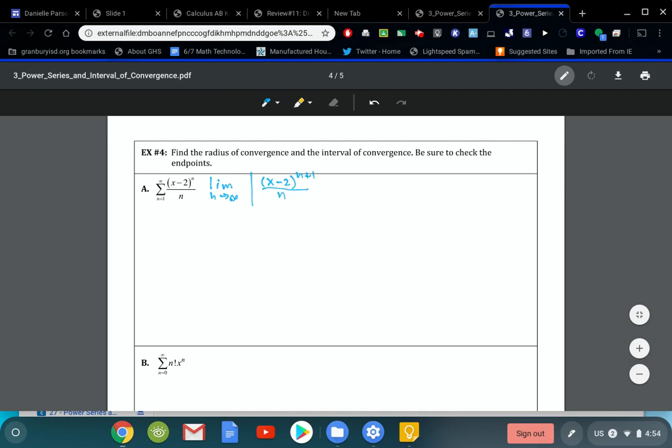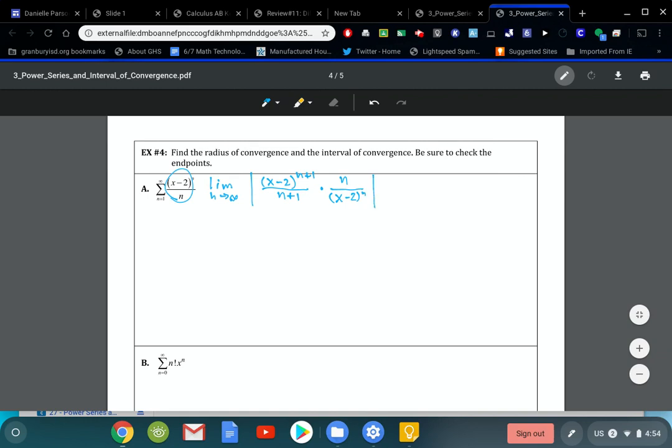So everything that has an n, you're going to add a 1. And then you're going to divide that by this. But when I divide by that sequence, it's going to keep changing and flip. So this is going to be flipped to this, and of course, it's the absolute value of all of that.